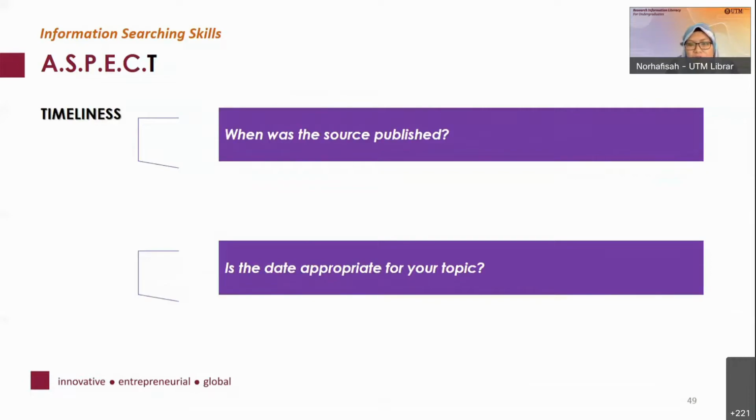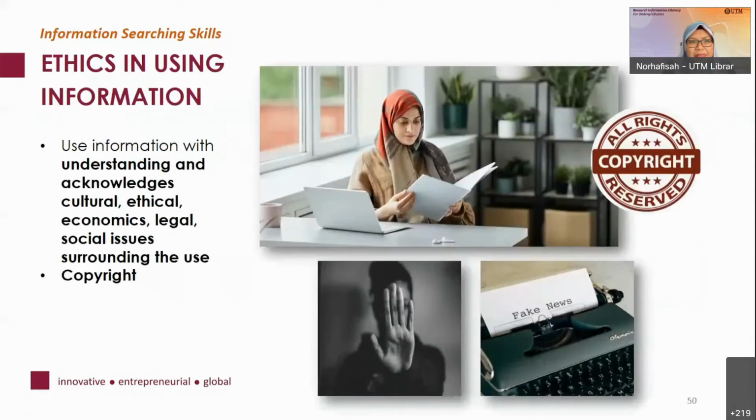When was the source published? When we find information, we need to make sure our information is from valid sources, the true sources that we find. And this is the ethical use of information.